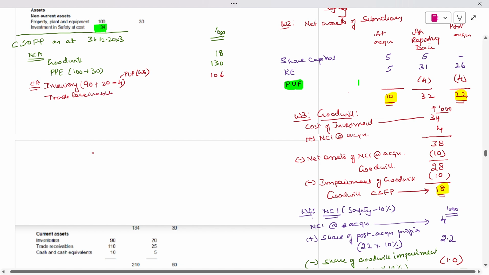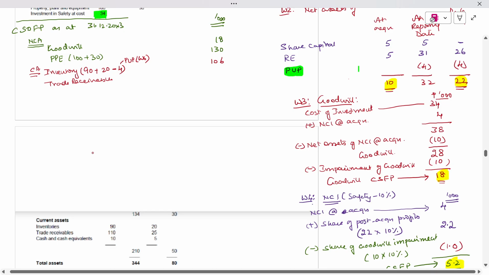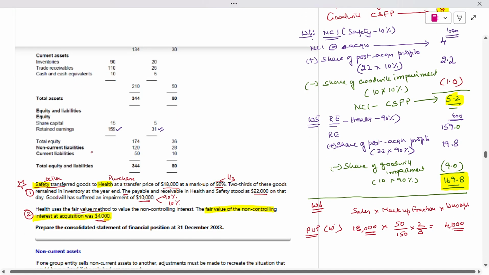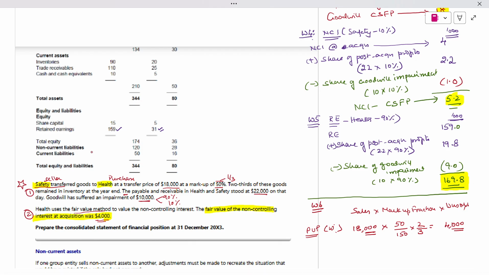Trade receivables. How much is the trade receivables? 110 plus 25. Is anything there in trade receivables? Point number 1, yes, the transfer of 22,000.